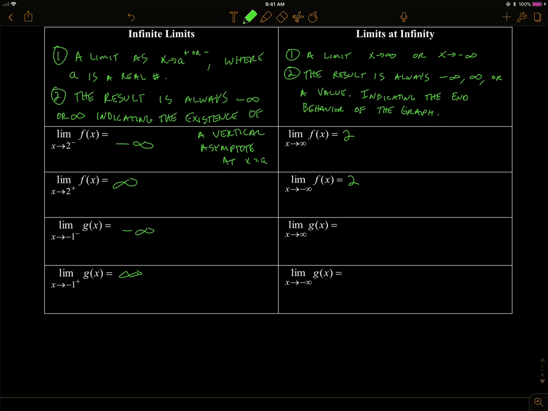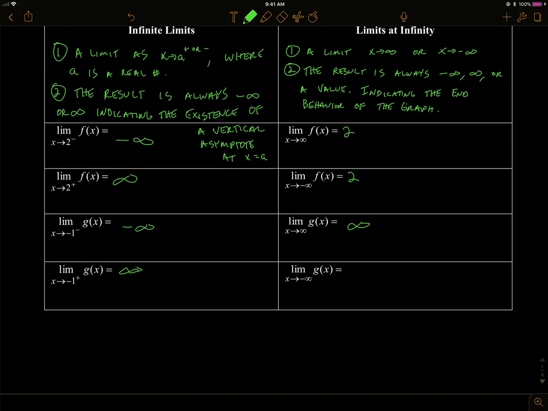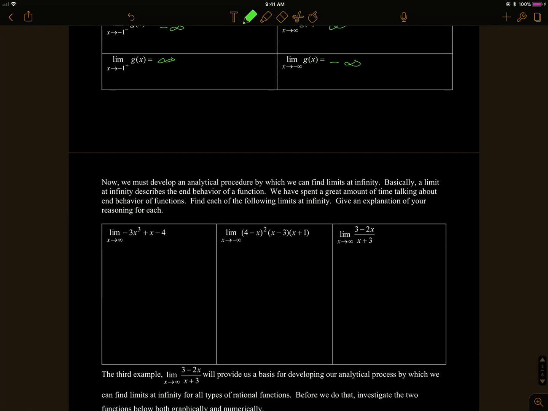So that's going to actually be infinity. And then on the left-hand side, as x approaches negative infinity, it's also approaching that slant asymptote, but that's just going down forever without bound. So you can see the example of we could get a number for an answer, or we can get infinity or negative infinity.